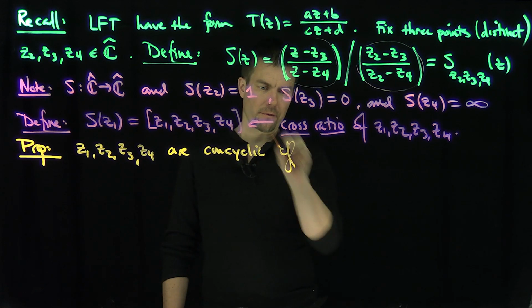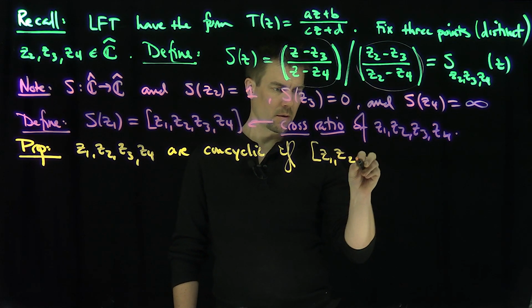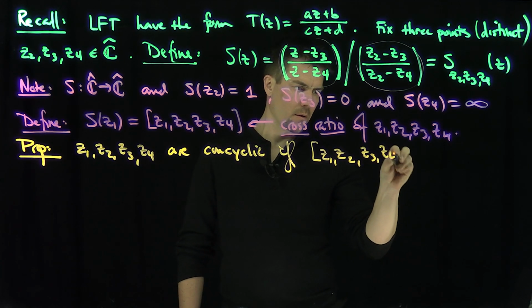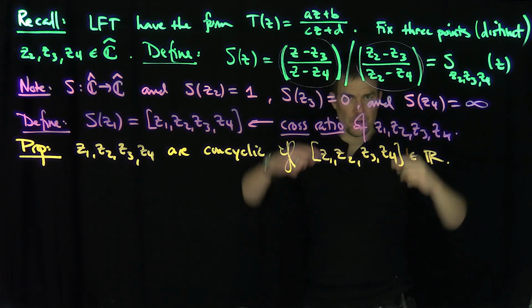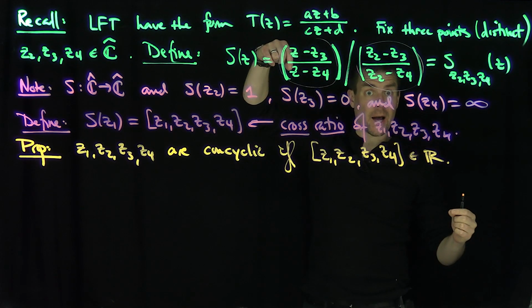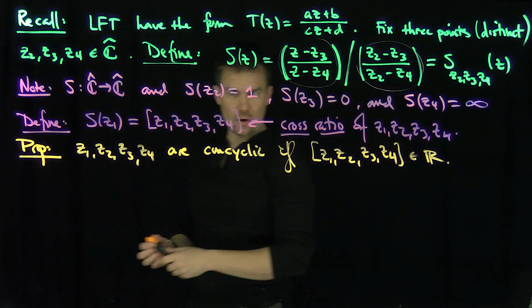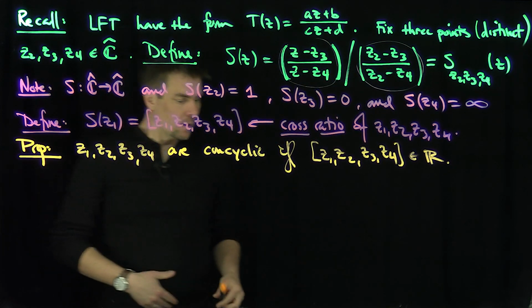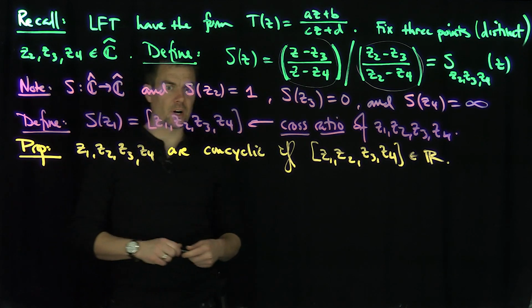That's an easy argument: the opposite angles sum to pi, and that forces you onto the real axis. That's a basic proposition of the cross ratio.